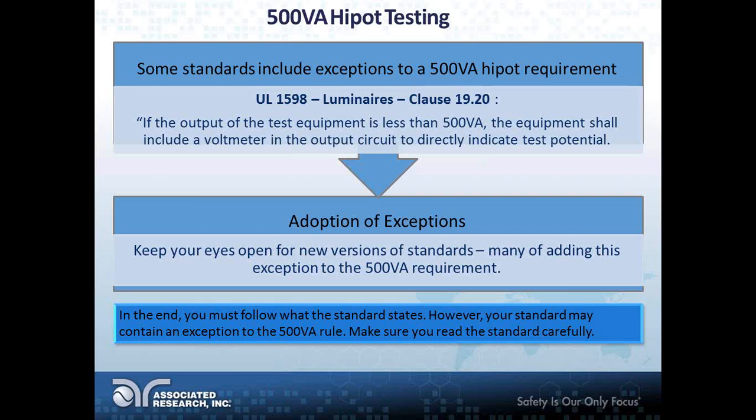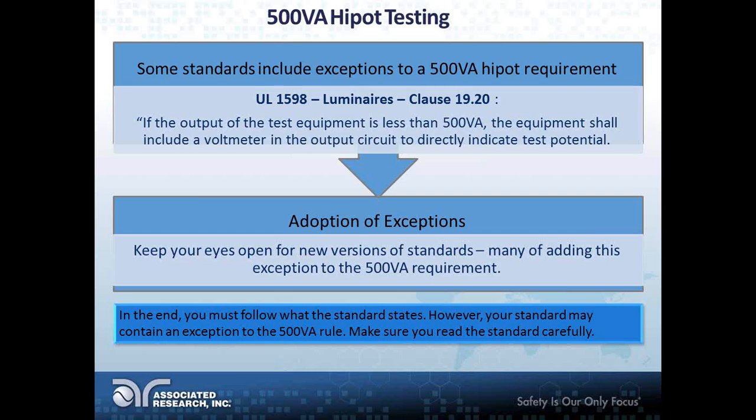What you can do is keep your eyes open for new versions of standards, because a lot of times standards get updated, and some extra test requirements may be added or taken out of the standard. So it is very important that you are up to date with any changes that are being made to the standards that you are trying to comply with, or have been trying to comply with.